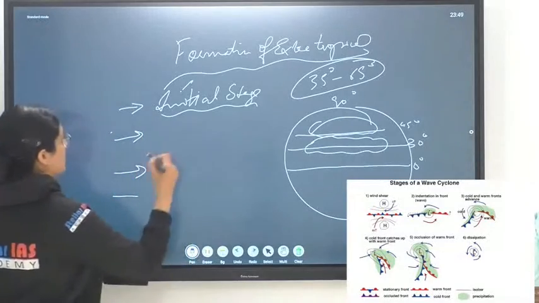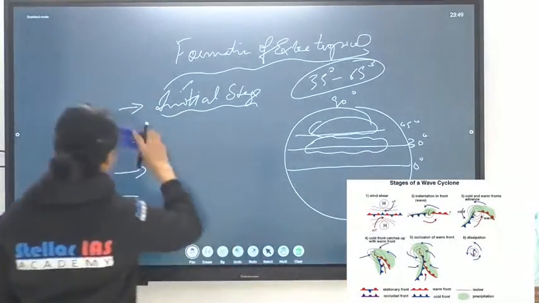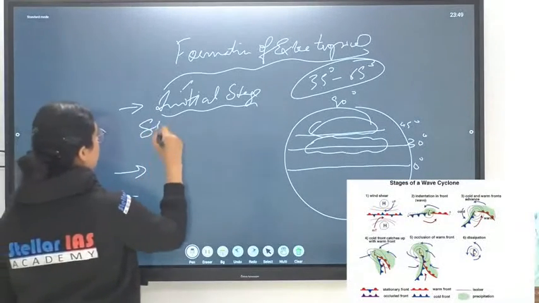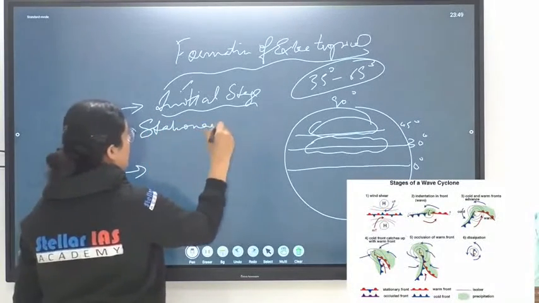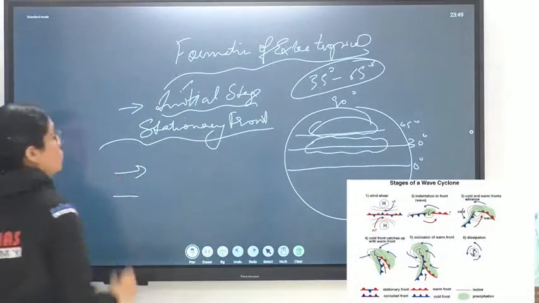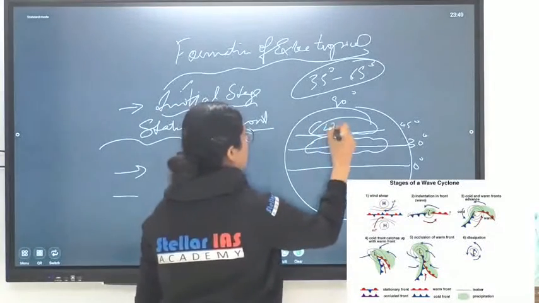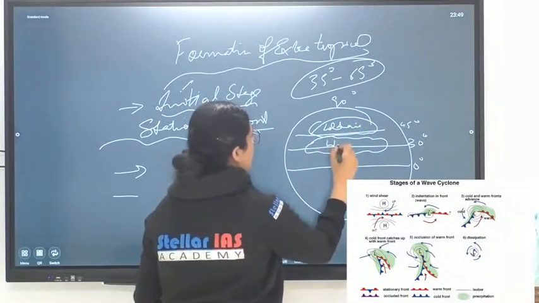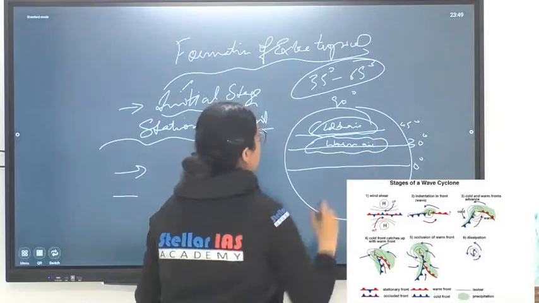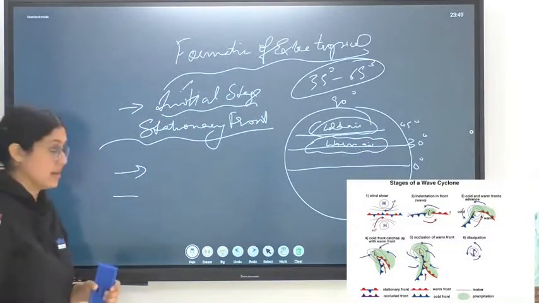So this front in the initial stages is known as the stationary front, right. So this is your cold air mass, this is your warm air mass from the tropics. They are just lying parallel to each other, so this is known as a stationary front.